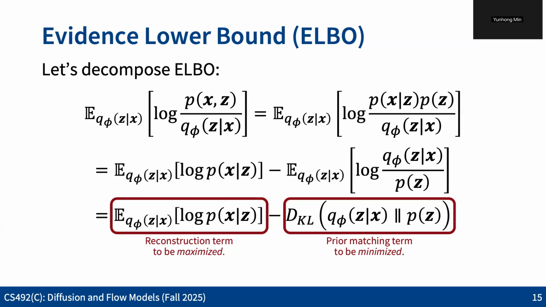Somehow we first need to find a mapping with this variational posterior while making it close to the standard Gaussian distribution. As this gets closer to the standard Gaussian distribution, we are maximizing the ELBO function, which means that we are also maximizing the marginal distribution. Make sense? That is the meaning of the ELBO function here.